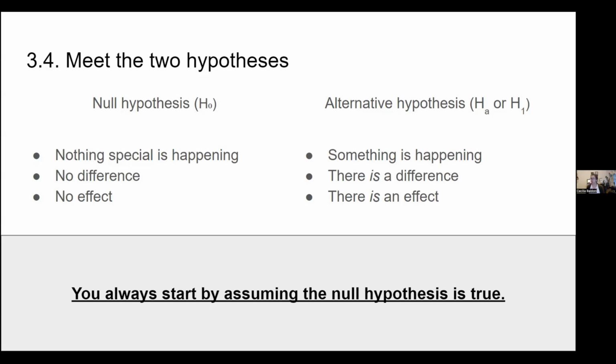For example, in this case, this new drug works, null hypothesis, there's no effect. I think this slide summarized it quite well. Maybe you can think of it this way. When you make a claim, the null hypothesis is always no effect, no difference between groups. Nothing is happening. There's status quo.